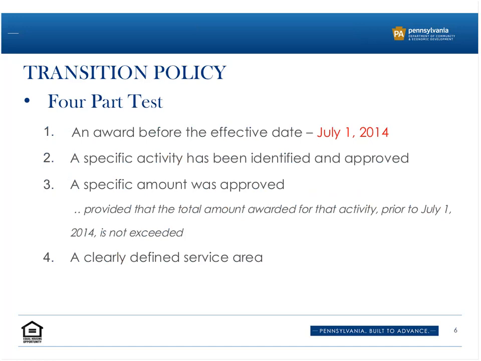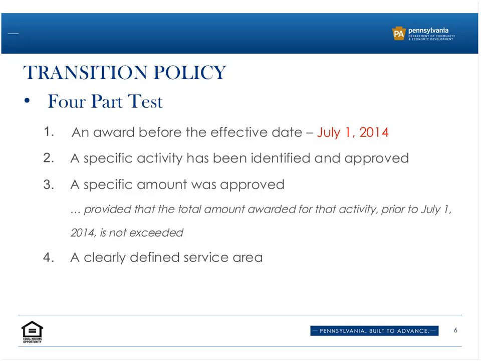The transition policy had in it a 4-part test which needed to be met for any awards to be able to use for subsequent awards. What it said is that the activity had to have been awarded before the effective date, which is the project that DCED would have approved prior to July 1st, 2014. It had to be specific.